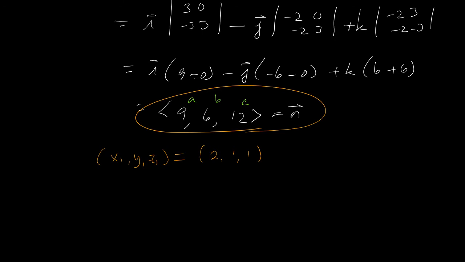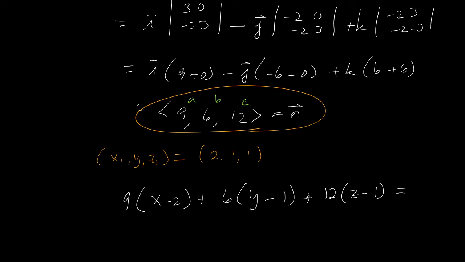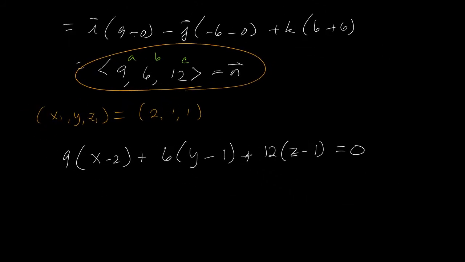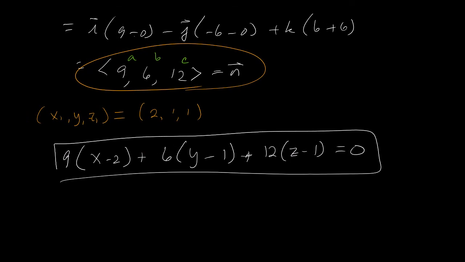So we have 9 times x minus 2, plus 6 times y minus 1, plus 12 times z minus 1, and all that is equal to 0. There is the standard form.